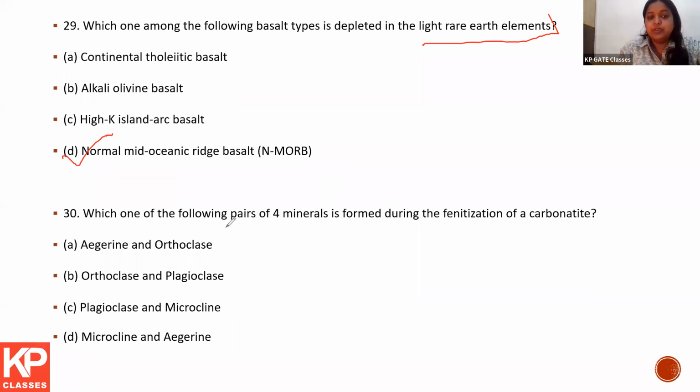Then the next one: which one of the following pairs of minerals is formed during the fenitization of carbonatite? The answer is aegirine and orthoclase.